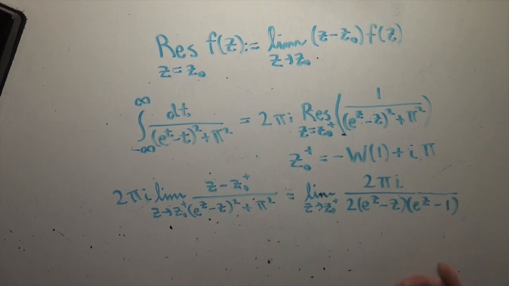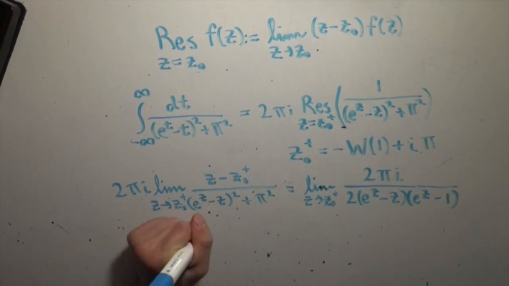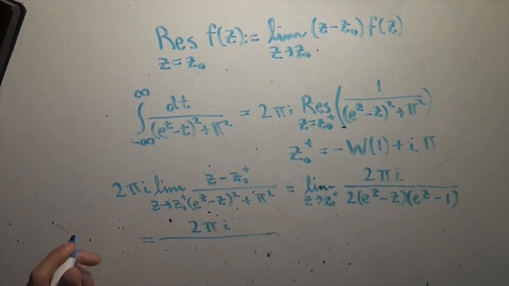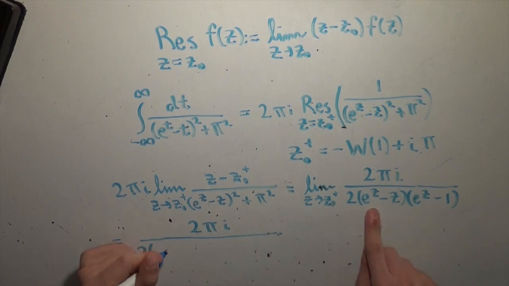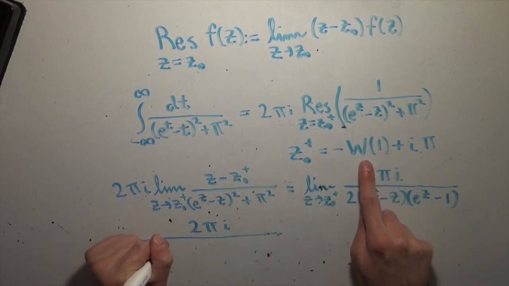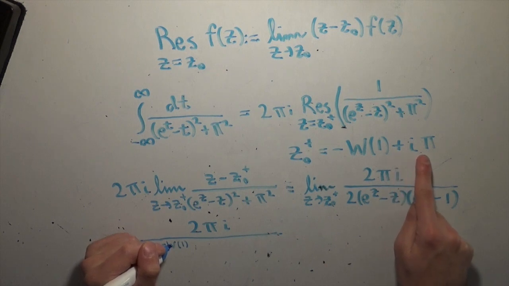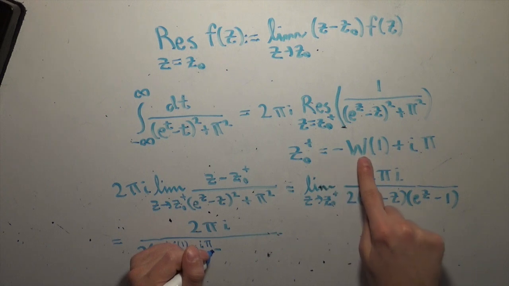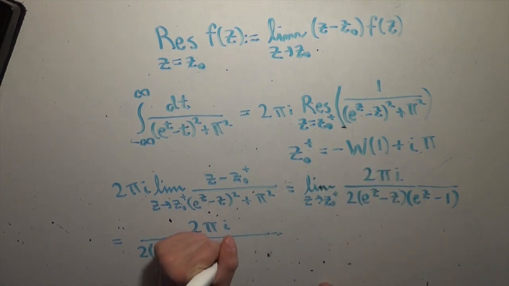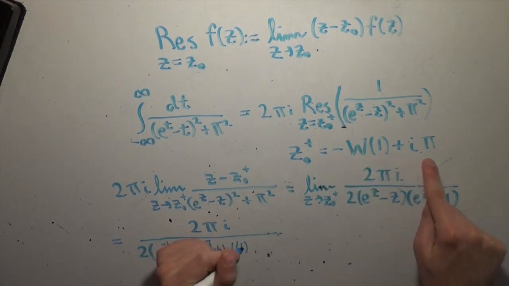And so now we're finally going to evaluate what this integral is actually equal to, and it's a beautiful result. So we end up with 2 pi i divided by, this is a big denominator, 2 times e to the negative W of 1 plus i pi in the power, so we're multiplying by e to the i pi, minus negative W of 1, so plus W of 1, minus i pi.